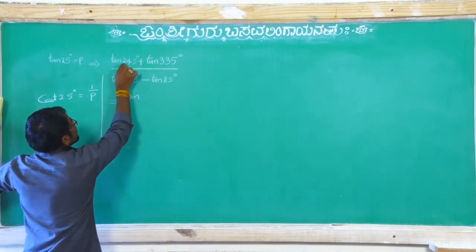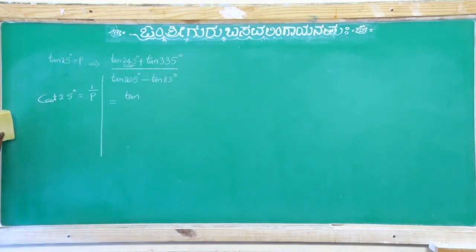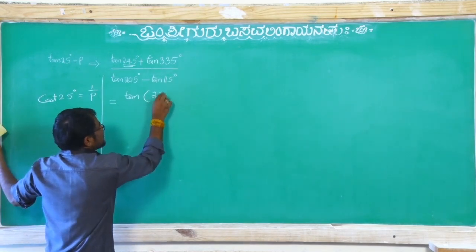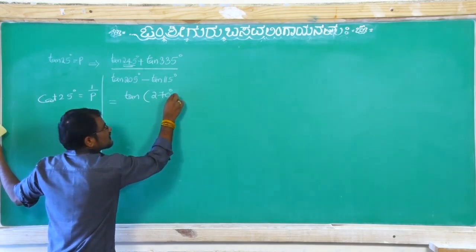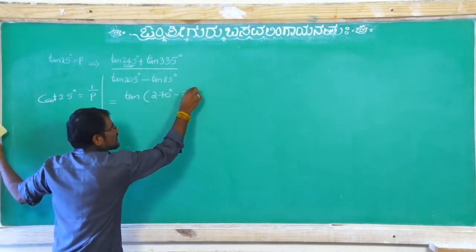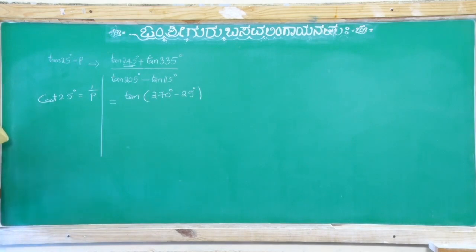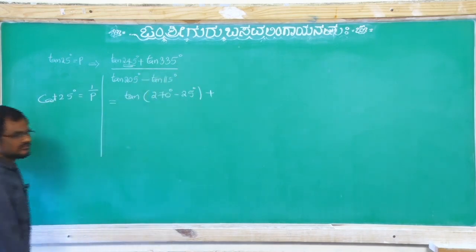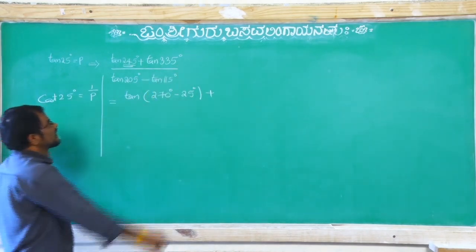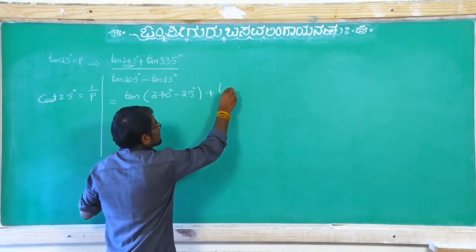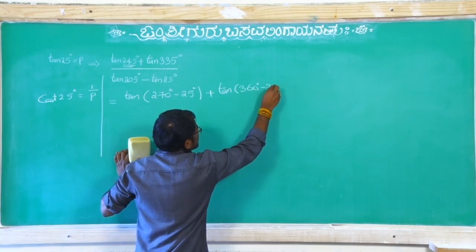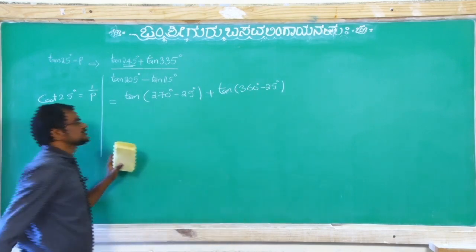For that, what we have to do? Tan 245 given, how to write? 270 minus 25. That only we have to take. Next, plus tan 335 degrees given, what we have to write? Tan 360 minus 25.